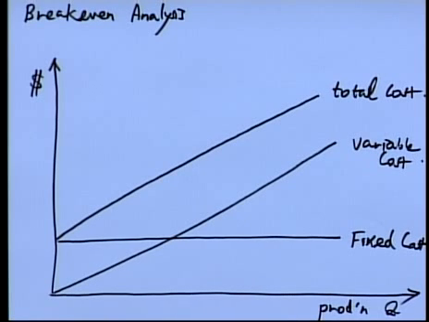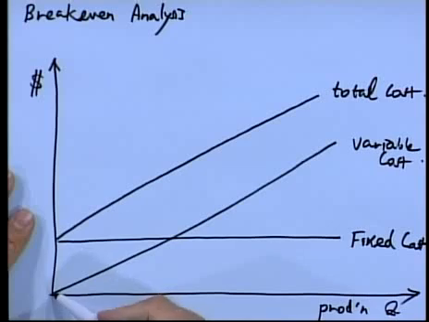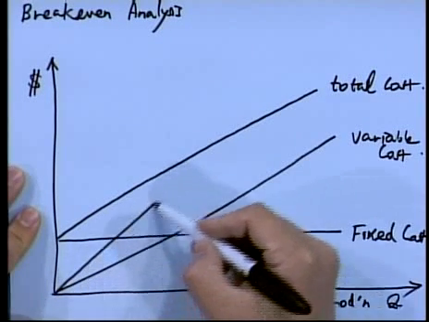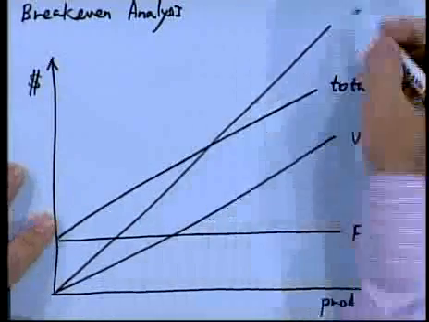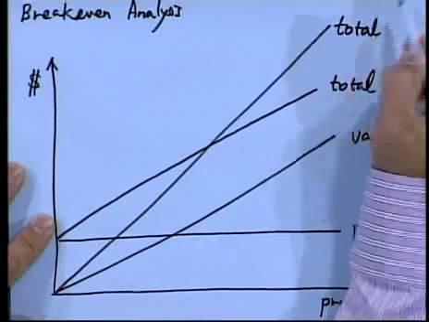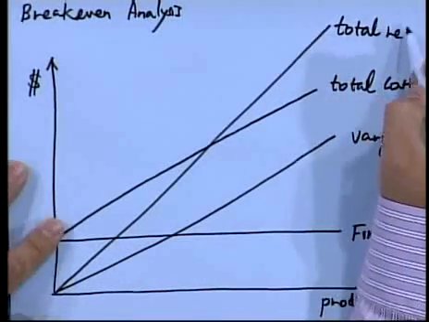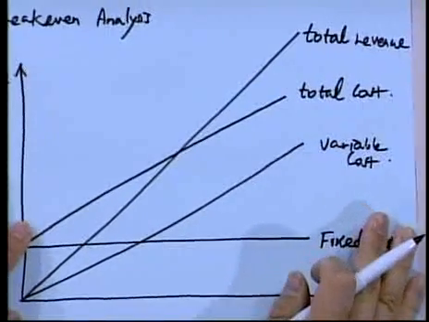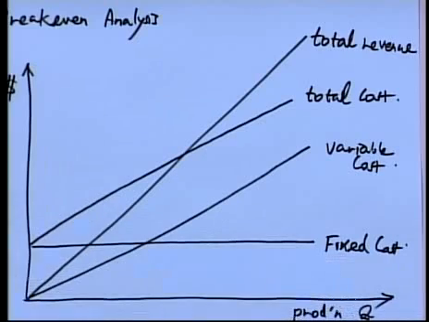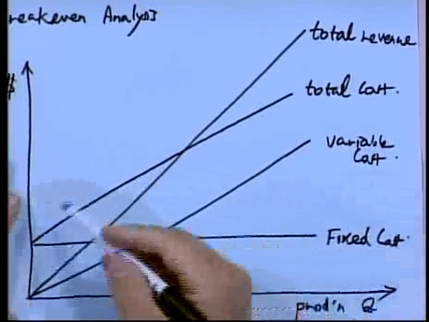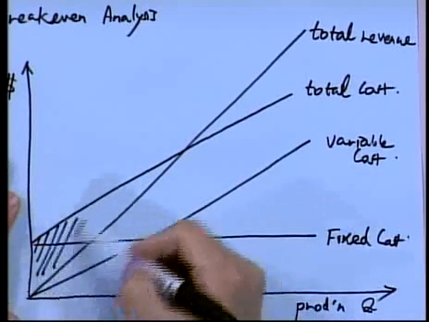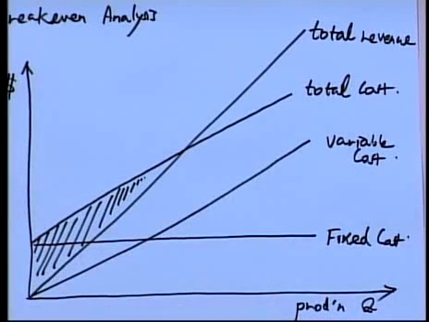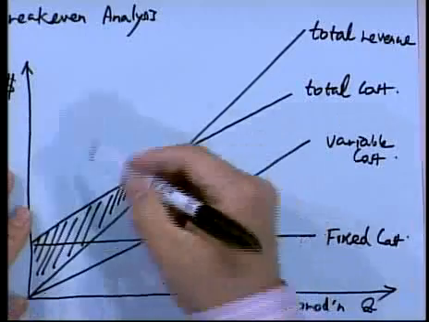What about the total revenue then? Starting from 0, total revenue would be something like this, let's say. Okay? So we have total revenue. Then of course, this area represents the loss region.